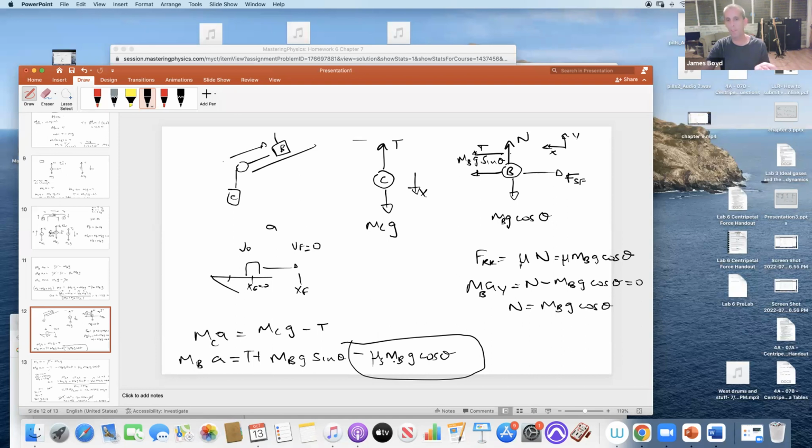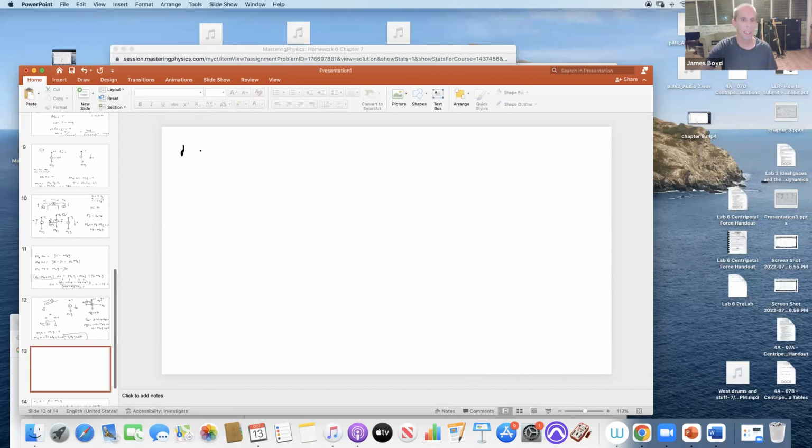Basically, if I add up all the forces and I get some negative number, then it's not going to slide down. Or if I get 0, it's not going to slide down. However, if this is all greater than this, it will. So sum up the forces, and basically what I'm saying is m_c a plus m_b a needs to be equal to or less than 0, meaning it can be negative.